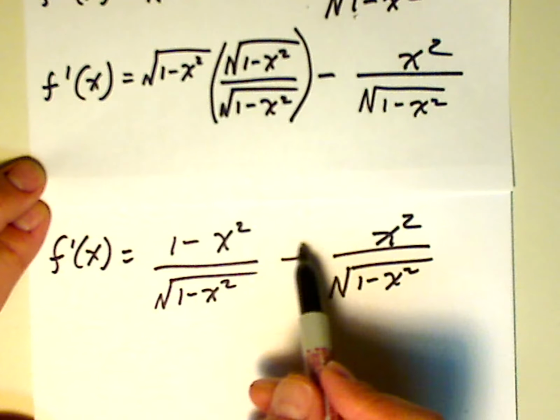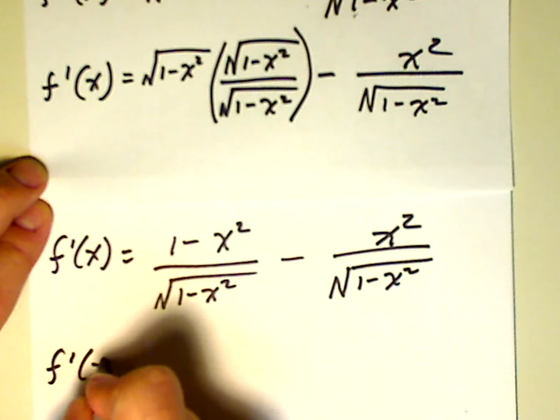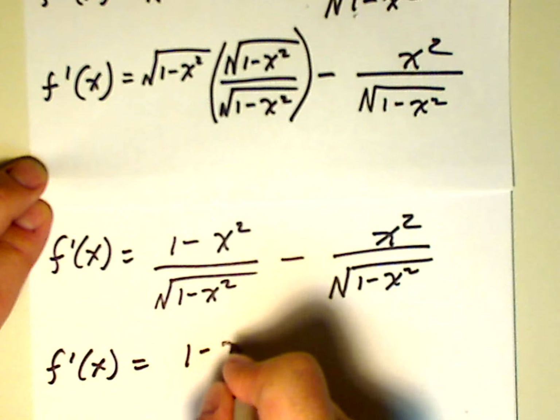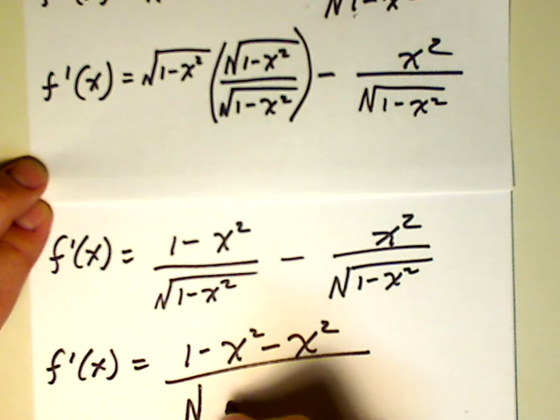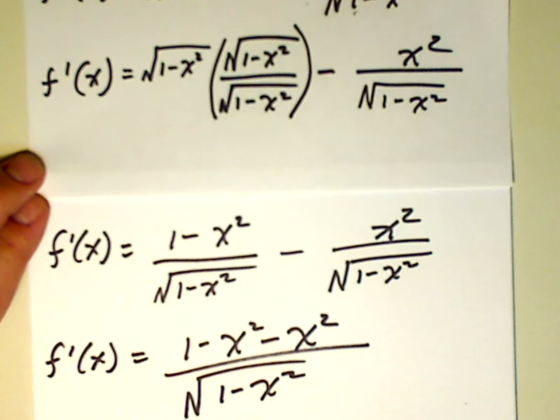Now we can just combine the terms in the numerator over one denominator. So that's 1 minus x squared over the square root of 1 minus x squared.